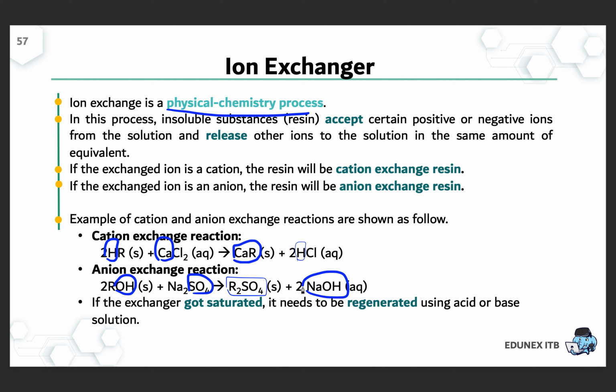Of course, over time, the resin can be saturated. You can imagine that you have a resin here with several ions, and over time, after all the cations and all the anions are exchanged with those in our feed, the resin is called a saturated resin, meaning that it cannot exchange anything with our feed anymore.